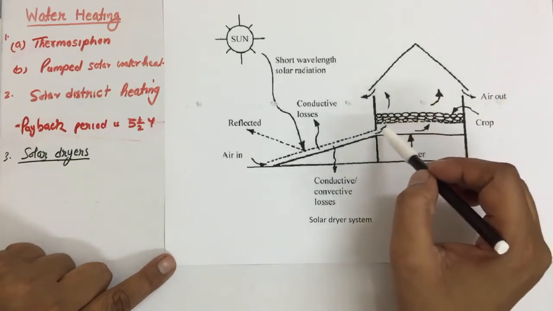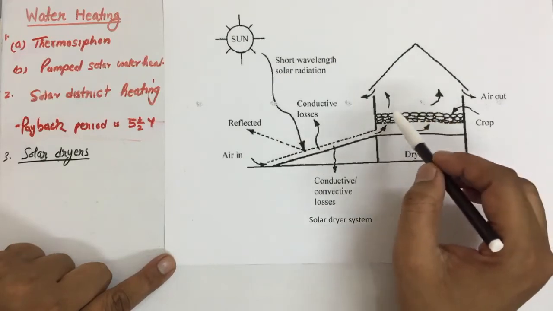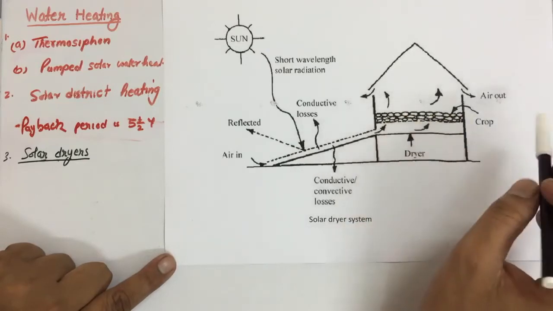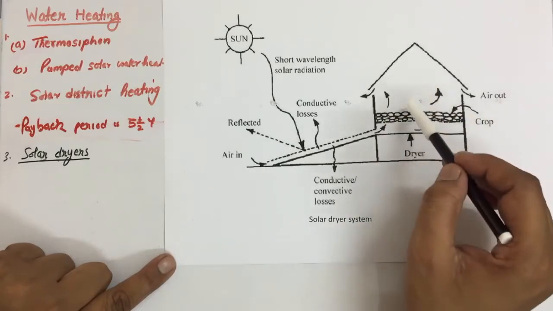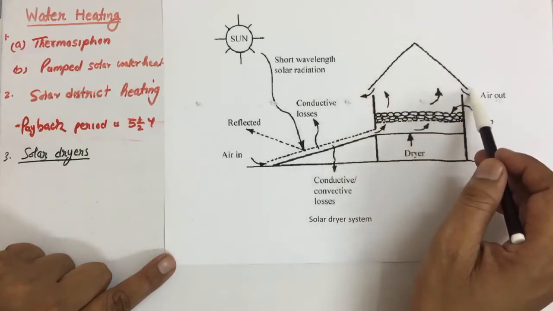When the heated air passes from here in a controlled way, the crop gets dried, and the air after passing comes out from this.